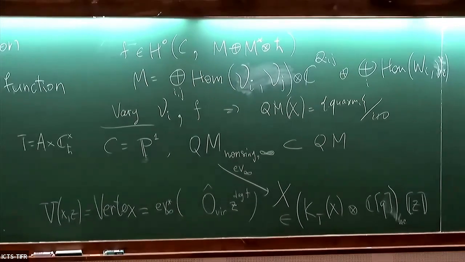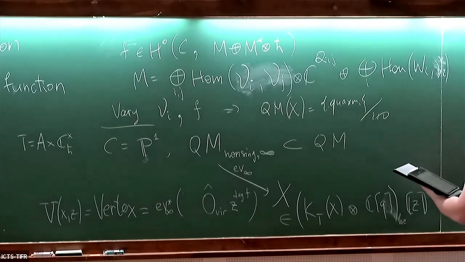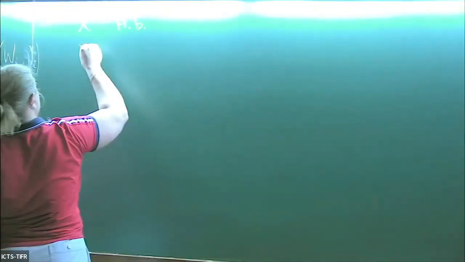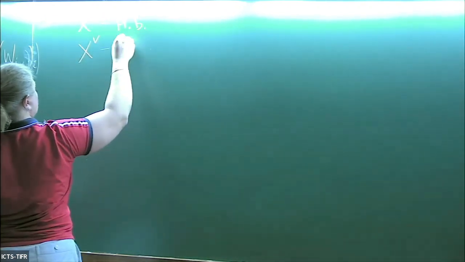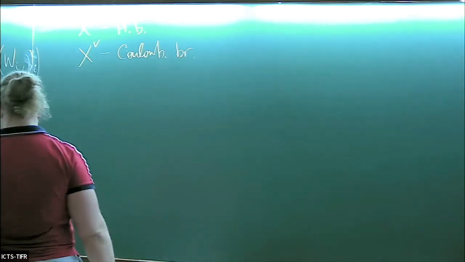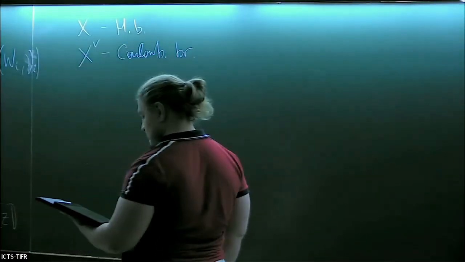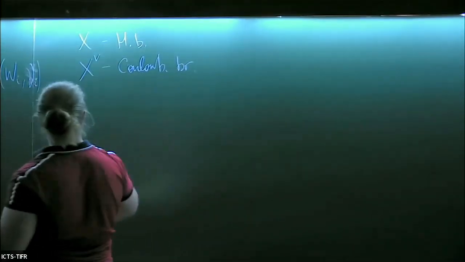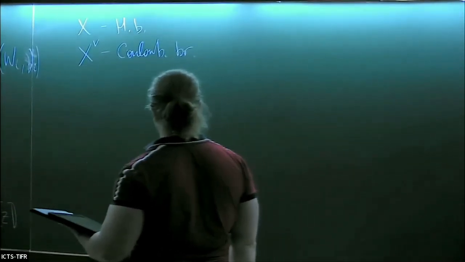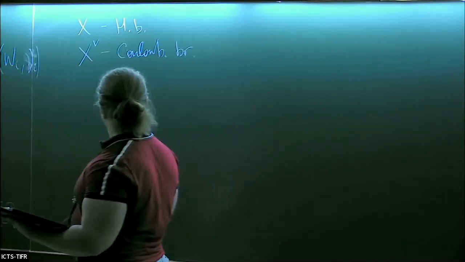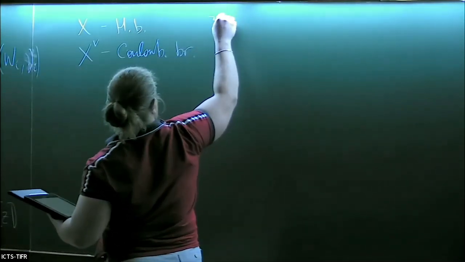But before that, let me mention the following property. So again, X is the Higgs branch, and then X check will be the Coulomb branch of the same theory in 3D N=4.